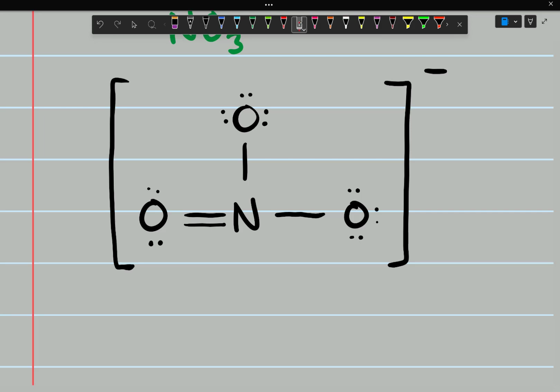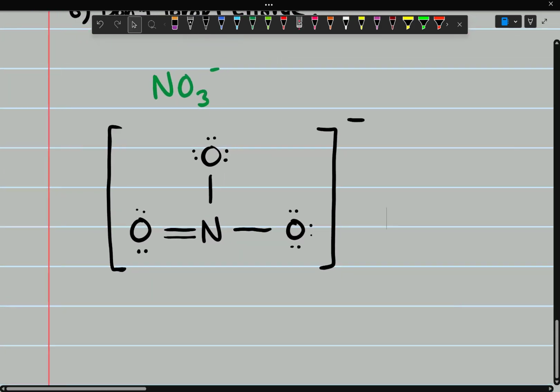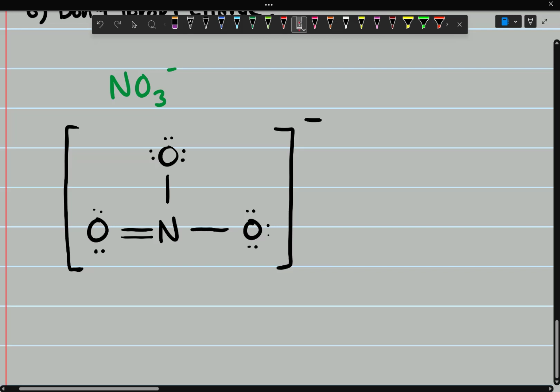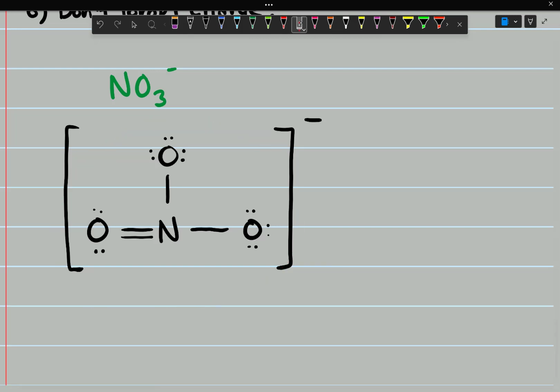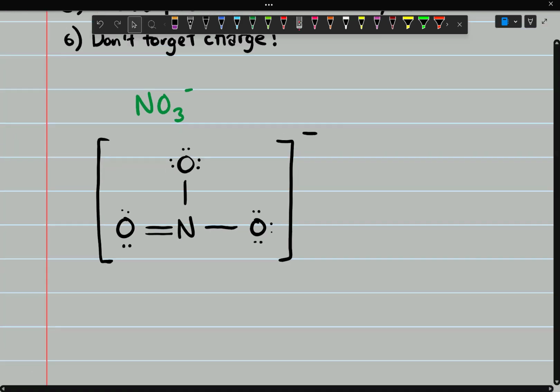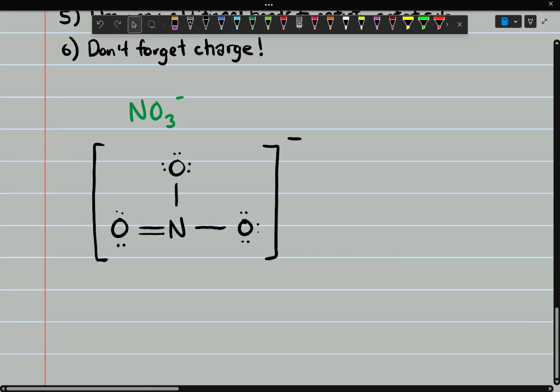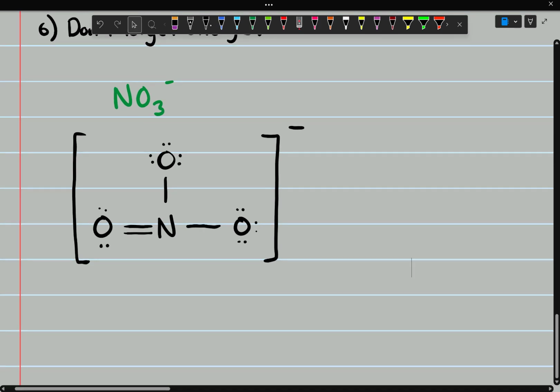Well, that's the purpose of resonance. Just because this is one of our answers doesn't mean it's the only answer. We could have chosen to write a double bond for either one of those other oxygen atoms. So, what we have to add to our answer here are the resonance structures.